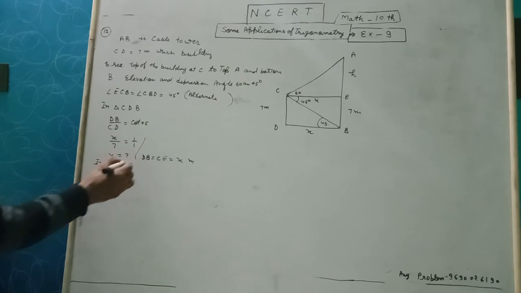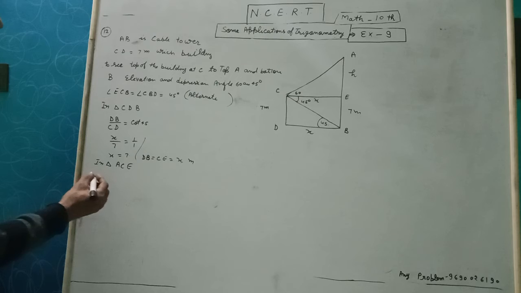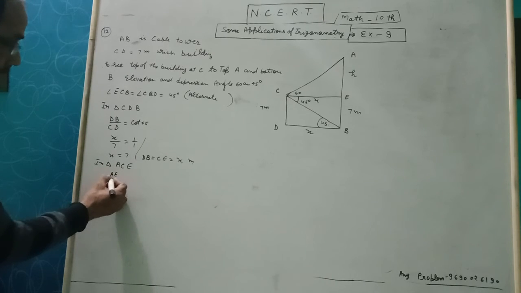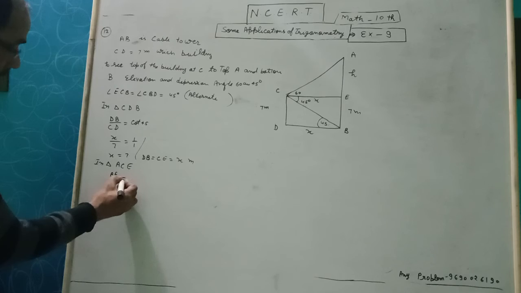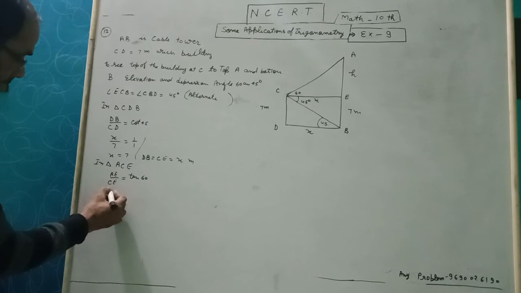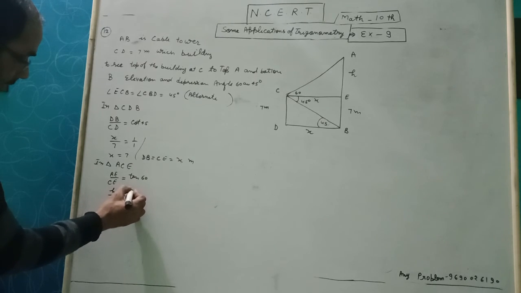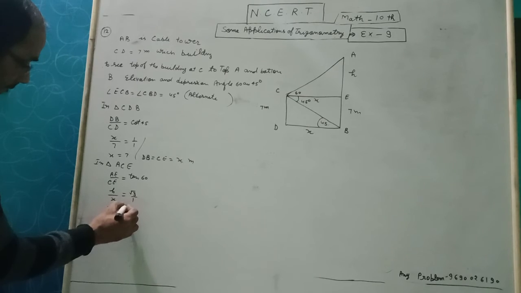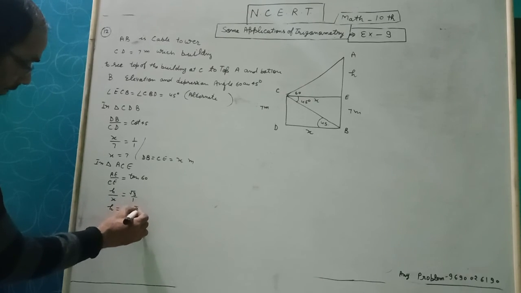In triangle AEC, E is 90, AE upon EC is equal to perpendicular upon base is equal to tan 60. H upon X is equal to tan 60 value is under root 3. After cross multiply, H is equal to X under root 3.